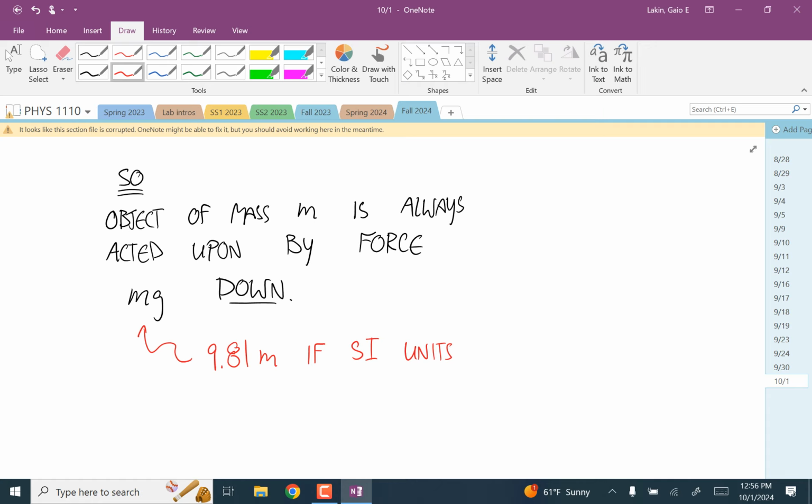So I want to just try to clarify one thing. I think sometimes this seems weird to people since I spent so much time telling you that in free fall, objects with different masses have the exact same acceleration. But now I'm telling you gravity applies different forces to things with different mass.